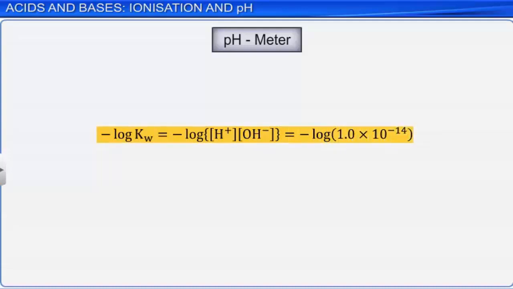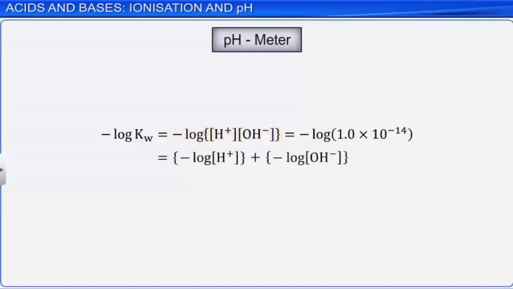Negative log of H plus and OH minus ion concentrations can further be written as negative log H plus ion concentration and negative log of OH minus ion concentration. This is equal to negative log of 10 to the power of -14.